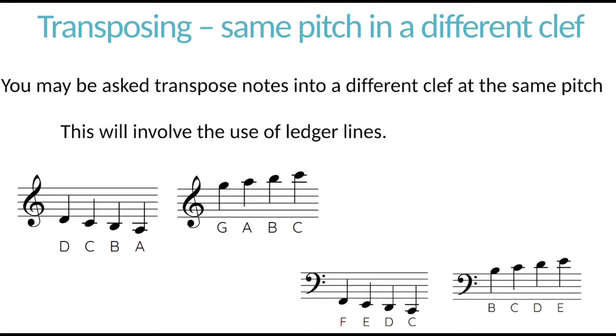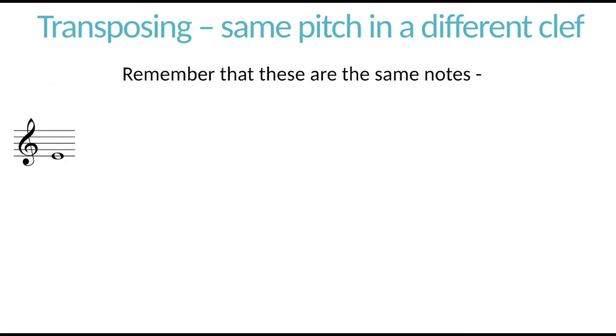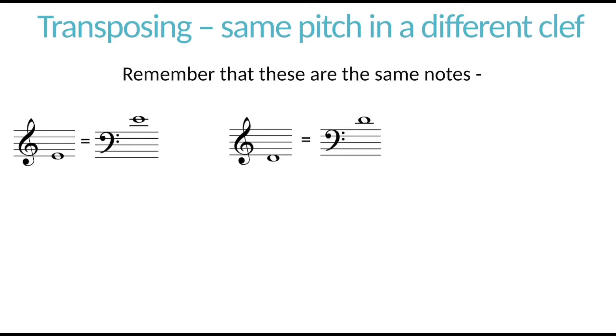Likewise, if we were to look at this B here, this B and this B are the same note. Just a wee bit more detail in that then. So it's important that you know these notes are identical.